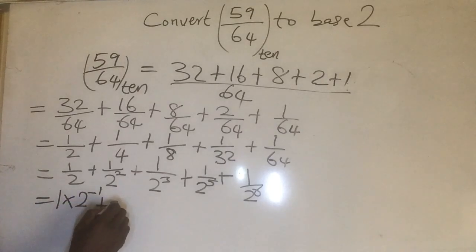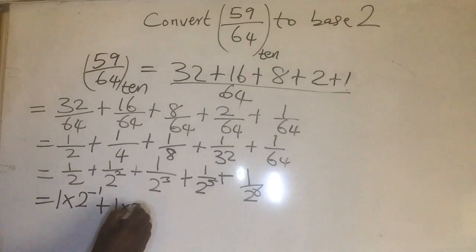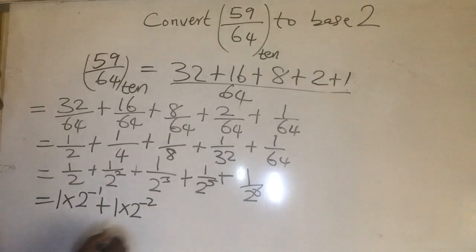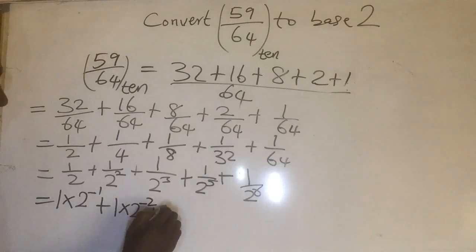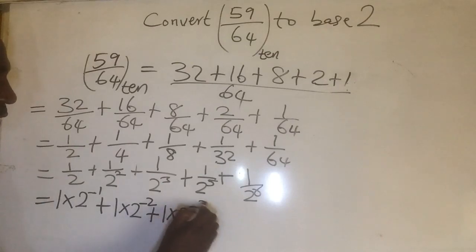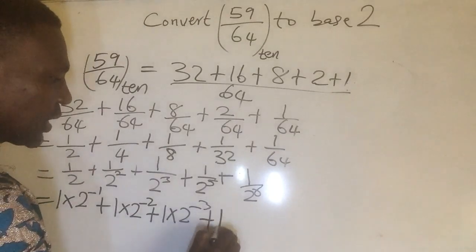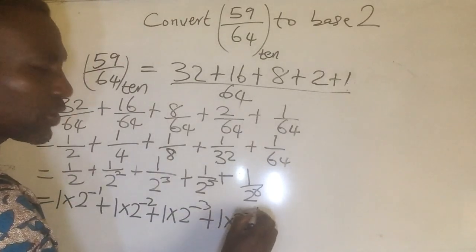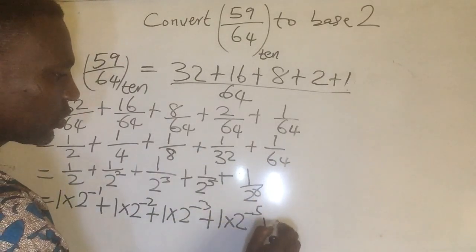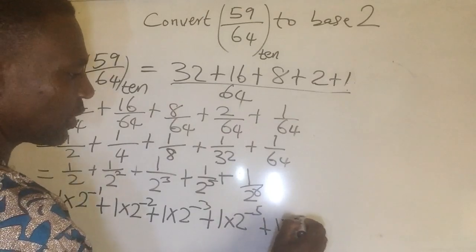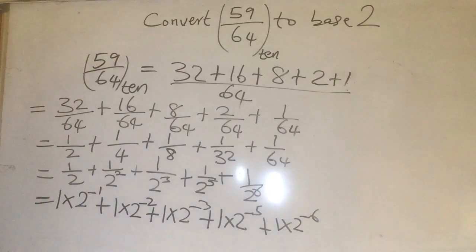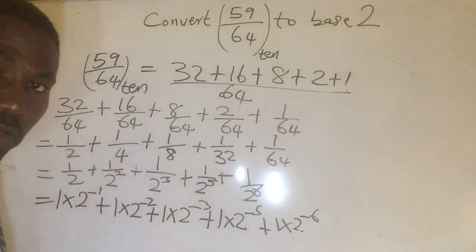Plus 1 times 2 raised to the power minus 2, plus 1 times 2 raised to the power minus 3, plus 1 times 2 raised to the power minus 5, plus 1 times 2 raised to the power minus 6. So after doing this, you have reduced it to 2, 2, 2, which is the base we are looking for.